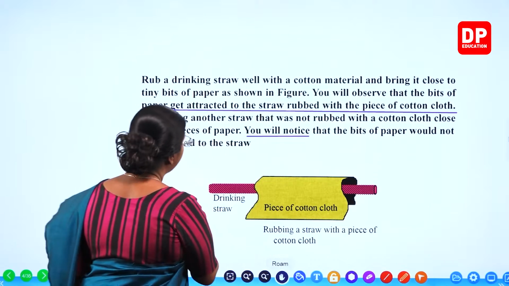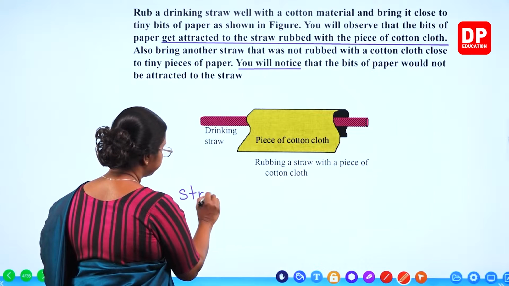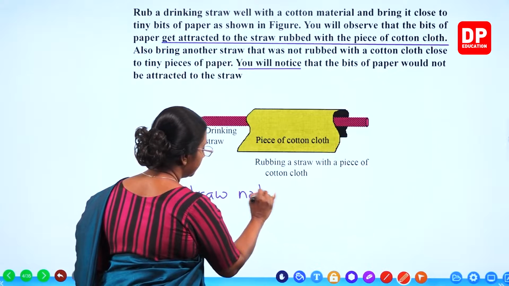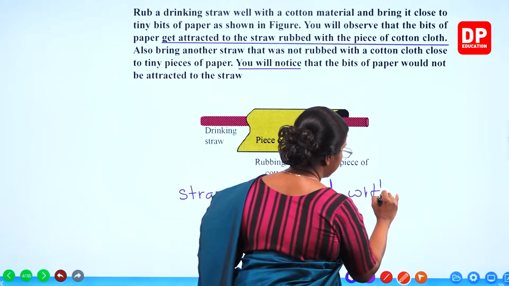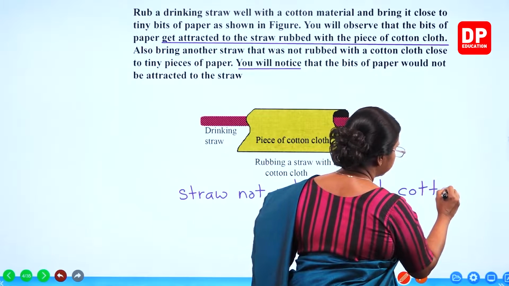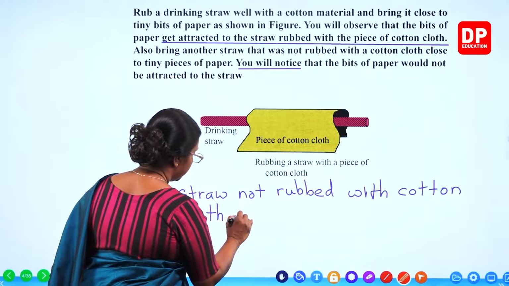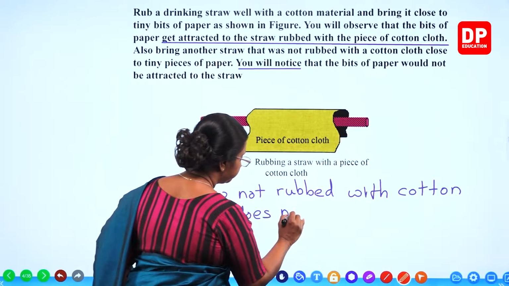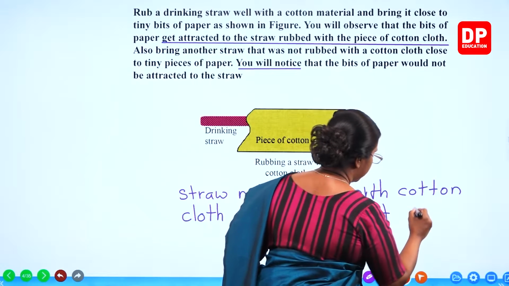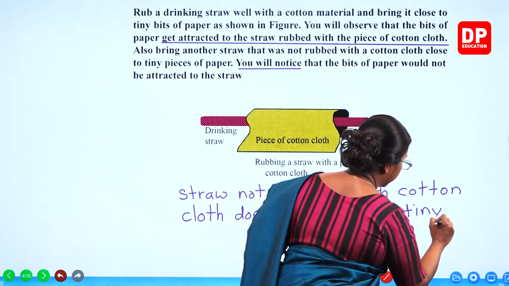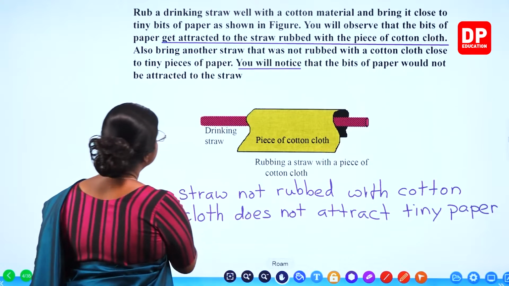So that is the observation: a straw not rubbed with cotton cloth does not attract tiny pieces of paper. What is the reason?